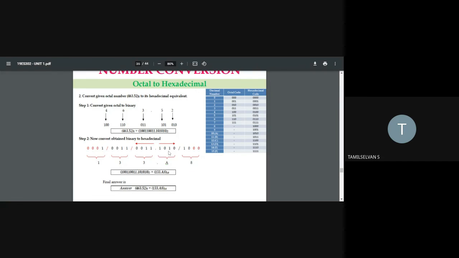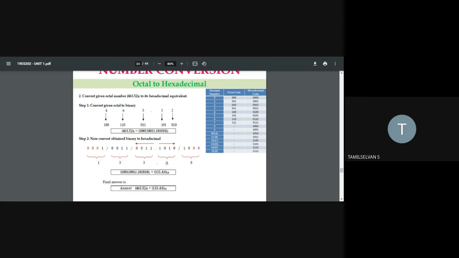So 1010 separated, then 10 only is available, so I can put 00 instead, to give the complete binary values. And in the whole number, the same methodology has to be followed from right to left, right? So right to left.